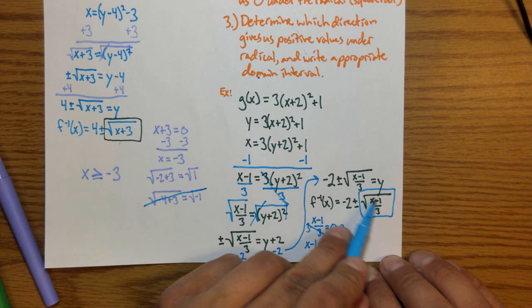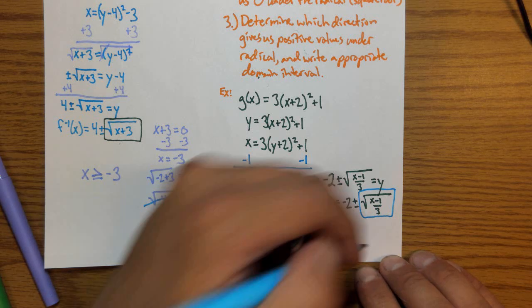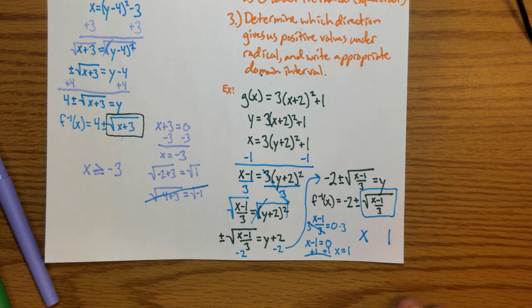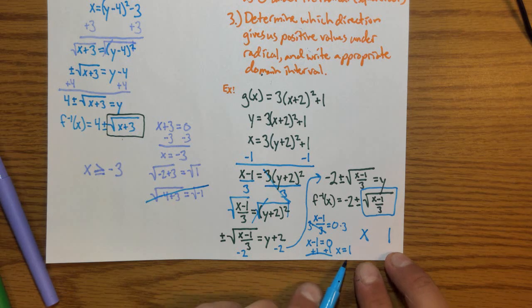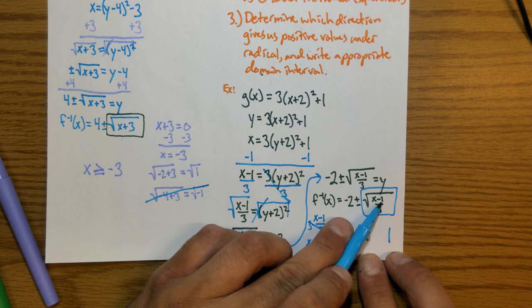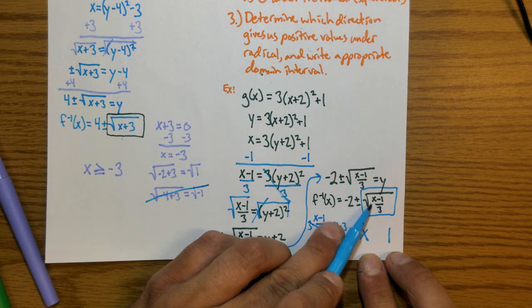So what direction are we going now? I know that x is going to be something to 1, whether it's greater than or less than. And you might see a pattern here after we do this one. If I plug in a number greater than 1, let's plug in 2, 2 minus 1 is 1, and 1 over 3 is positive. So I can plug in a 2.